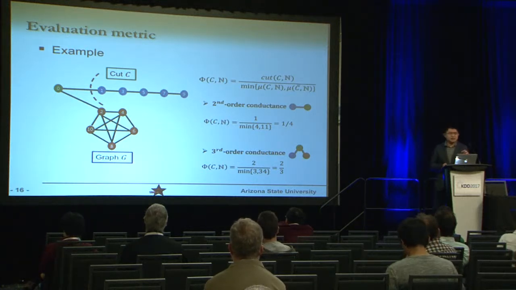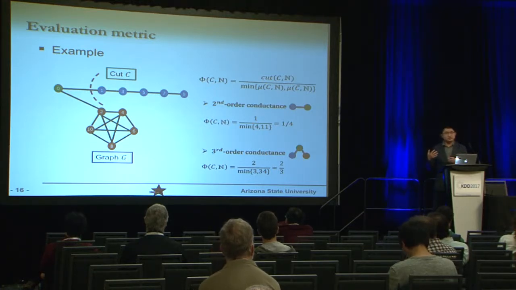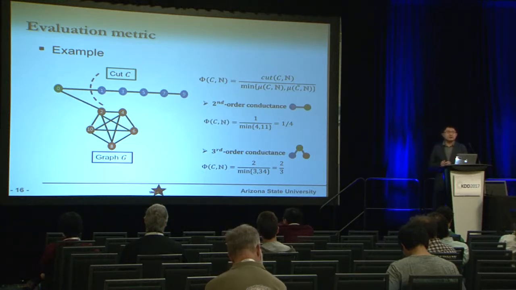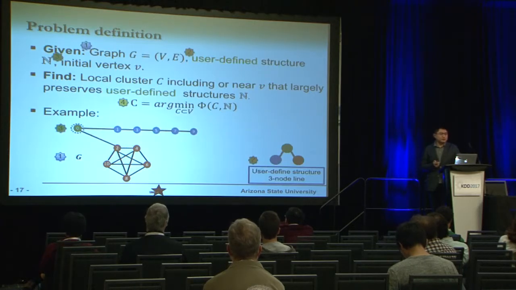By using this kind of metric, it helps us to largely preserve the network structures we want in certain applications and to make them rich in the returned cluster. So we call our problem the structure-rich graph cut problem, and we redefine our problem by using the metric of k-th order conductance.